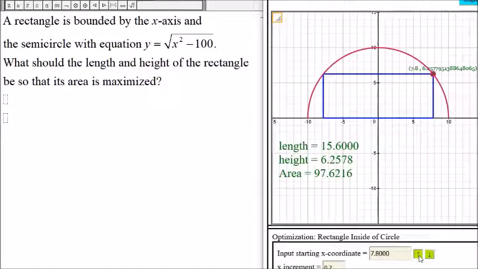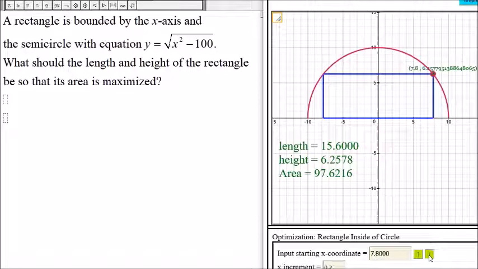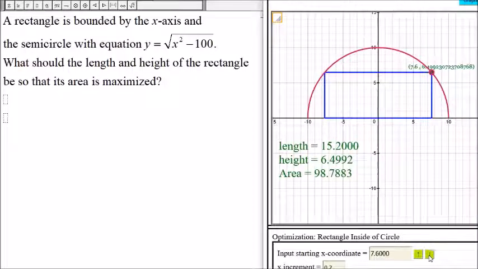And so it looks like the maximum is going to be around 100. So the maximum area should be close to 100.